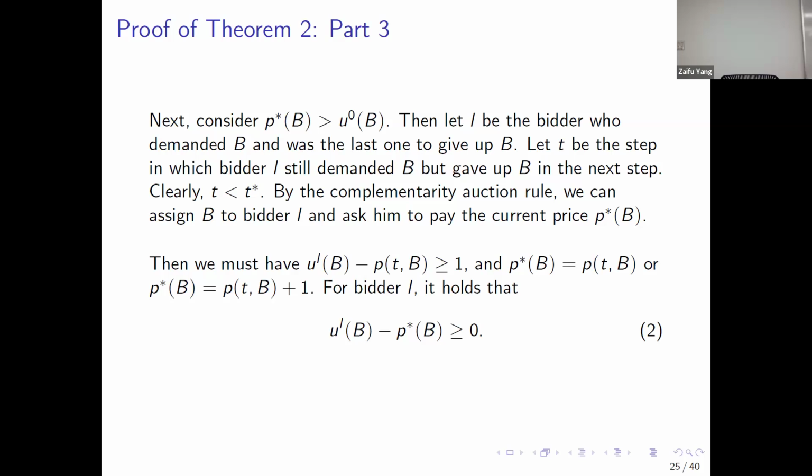So this is the observation. Then for this bidder, this will be true when he takes this bundle independently. At the moment I just focus on this bundle, but later on I will show that together with this one and with the one he already demanded, it will still be optimal.